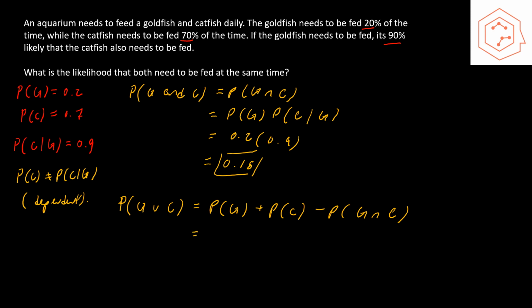So that's equal to 0.2 plus 0.7 minus 0.18, which is equal to 0.72. So the probability that either one would have to be fed, so you only have to feed one of them, is 0.72.